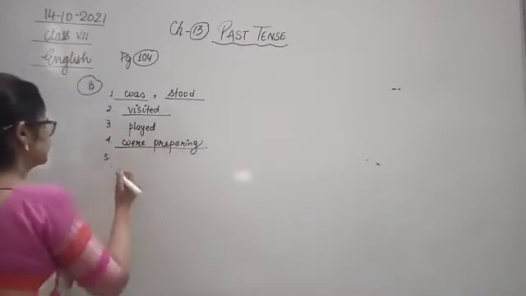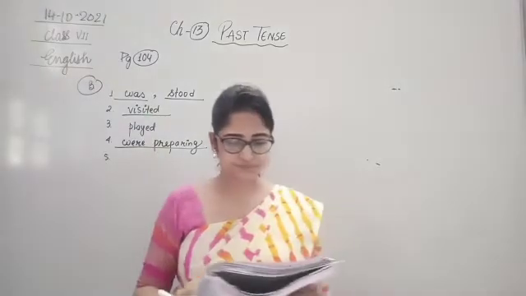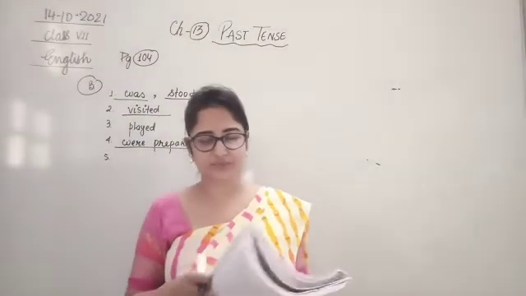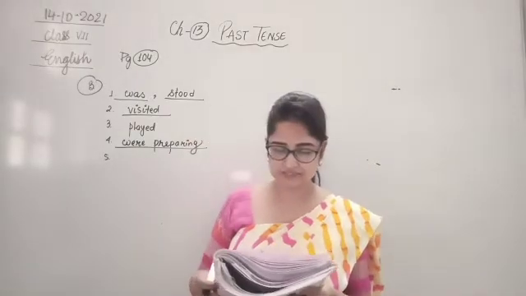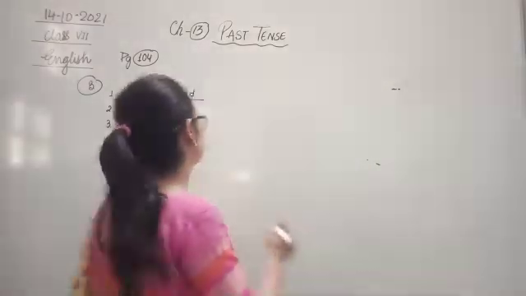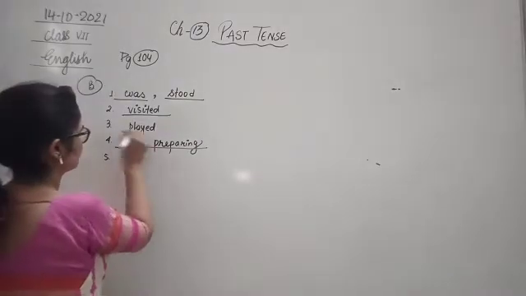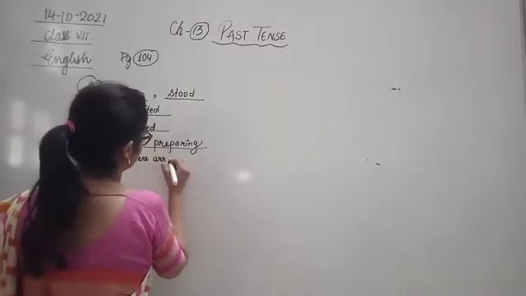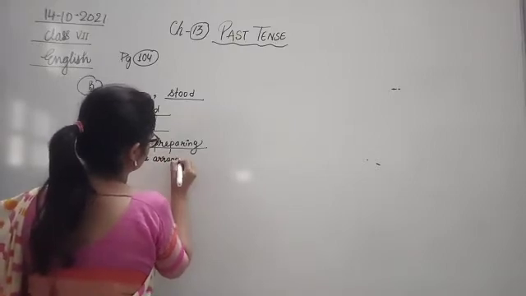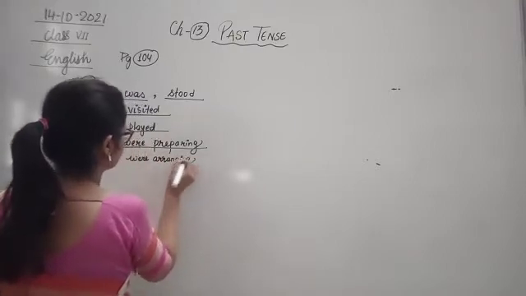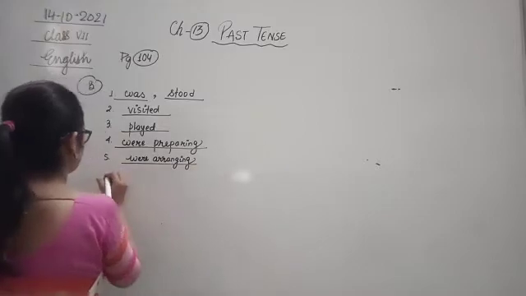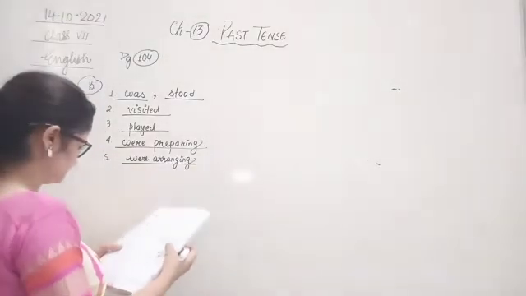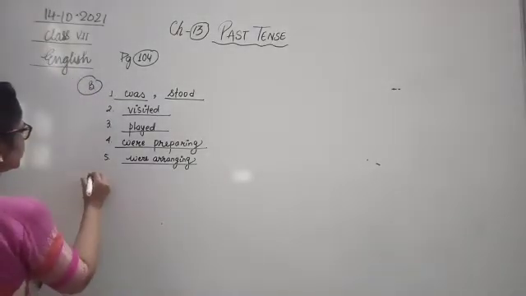Number 5, vendors dash various things which would be sold later during the day. So past continuous. Vendors were arranging. Okay, children? So we are done with exercise B.